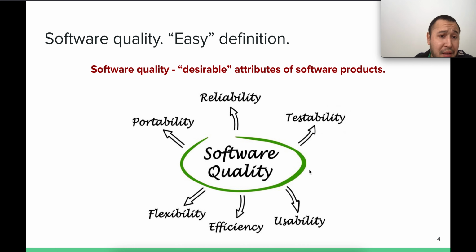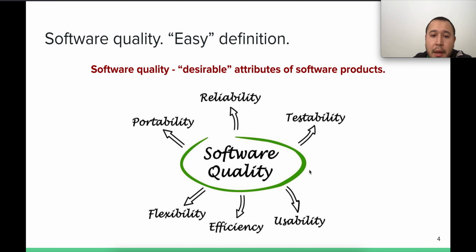So basically, software quality is the desirable attributes of software products, such as reliability, flexibility, efficiency, usability, testability, portability, and we can also list security, maintainability, etc. Right?